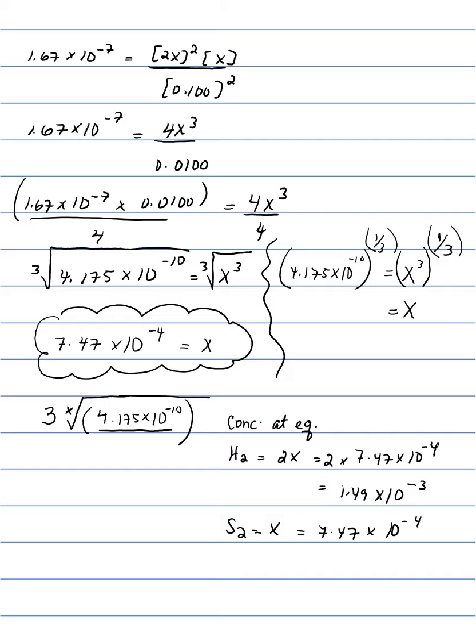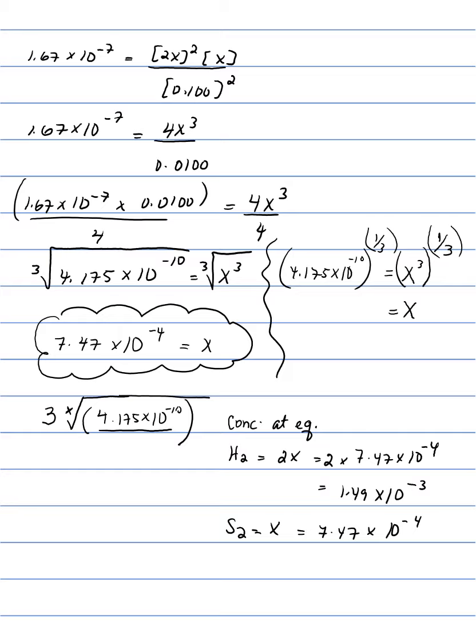Now, we assumed that your concentration at equilibrium for H2S, your hydrogen sulfide, was the same as your initial concentration, 0.1, right? In the ICE table, we have 0.100 minus 2x.